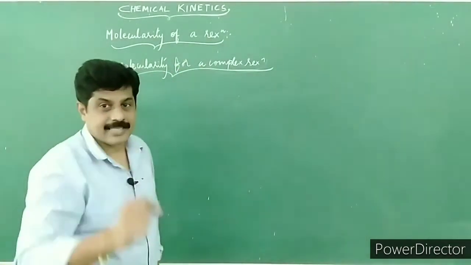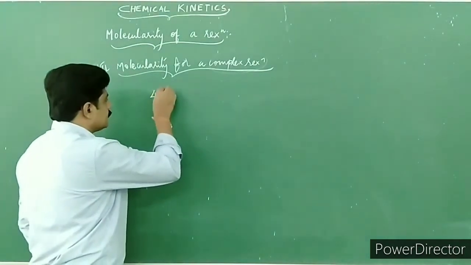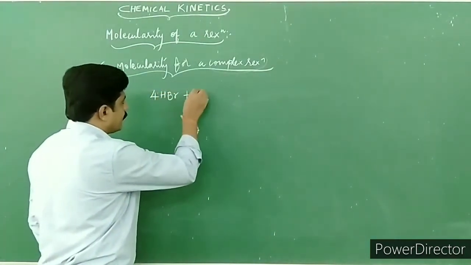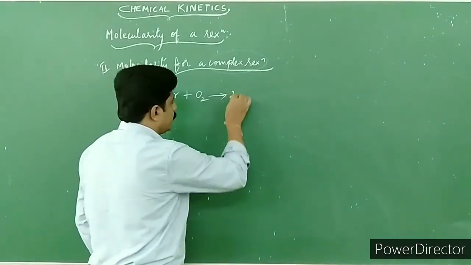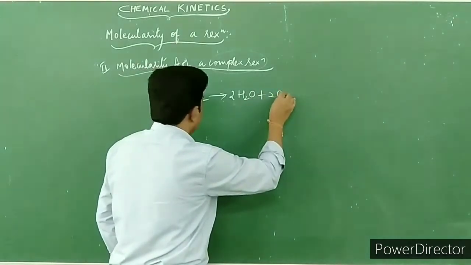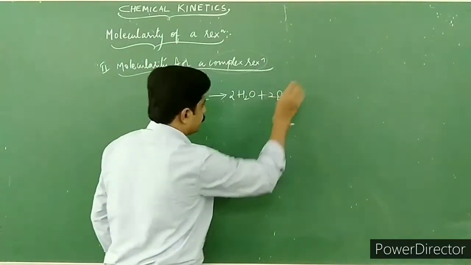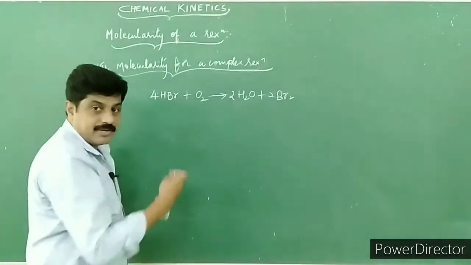Children, let me take up an example, then you will understand. 4HBr plus O2 giving rise to 2H2O plus 2Br2. Look at here. This is a complex reaction which occurs in a number of steps.